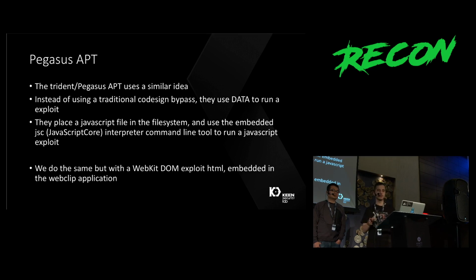You have to use data to launch some other kind of exploit. So they placed a JavaScript file in the file system, and then they moved or symlinked the JavaScript command line interpreter to run this JavaScript file every boot. And this JavaScript file contains an exploit, so they gain native code execution and they jailbreak the device again.